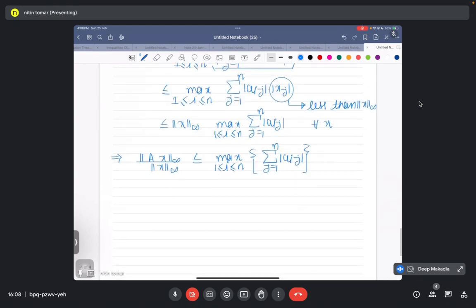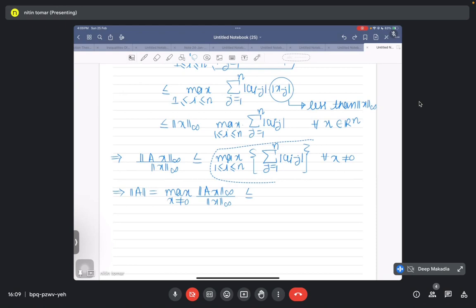So can I run the supremum now? Because this holds for all x non-zero, this implies norm A, which is the maximum over x non-zero of the norm of Ax divided by the norm of x, should be less than or equal to this, because everything is less than this big number, so the maximum also has to be less than this number, right?